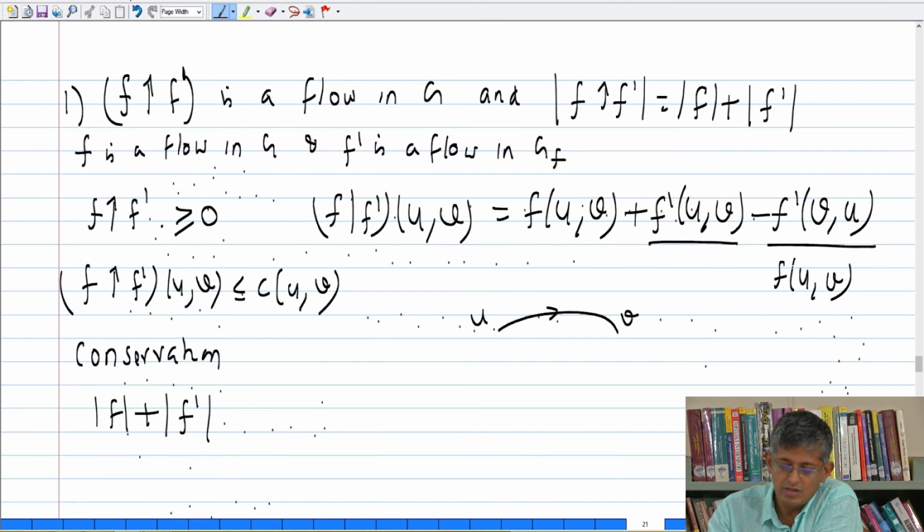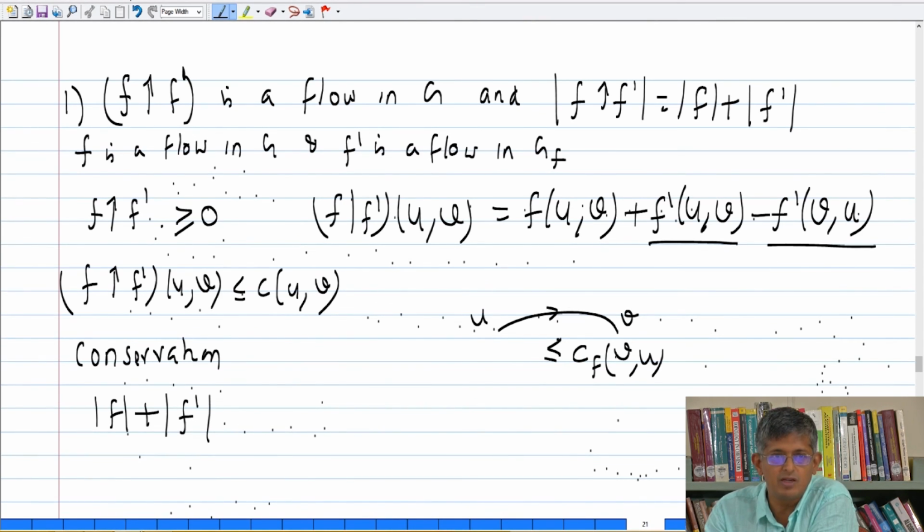I think that's not the way to say this. If you look at f prime, then the value of this is upper bounded by the residual capacity c_f of v comma u. So let me write it that way. The first inequality is that this f prime of v comma u is upper bounded by the residual capacity in f of v comma u, and the residual capacity c_f of v comma u.